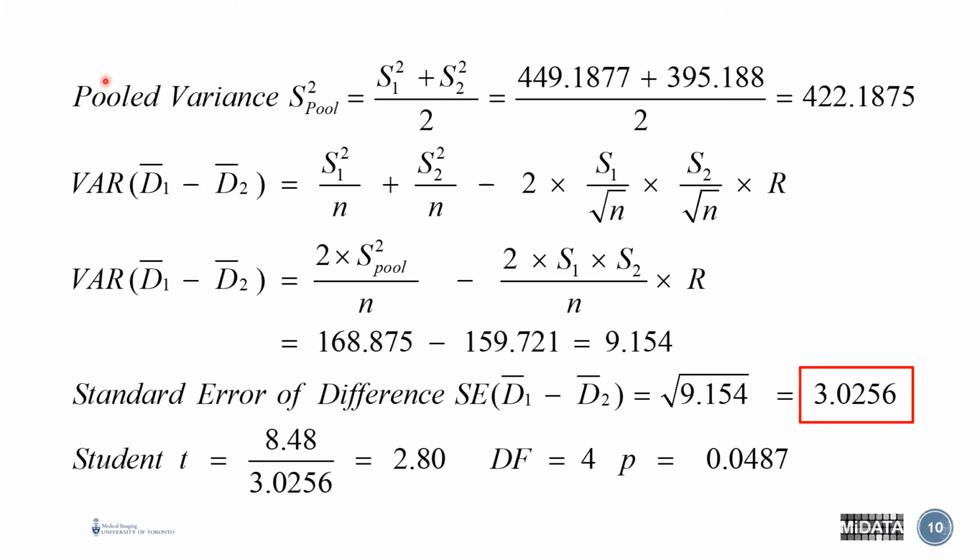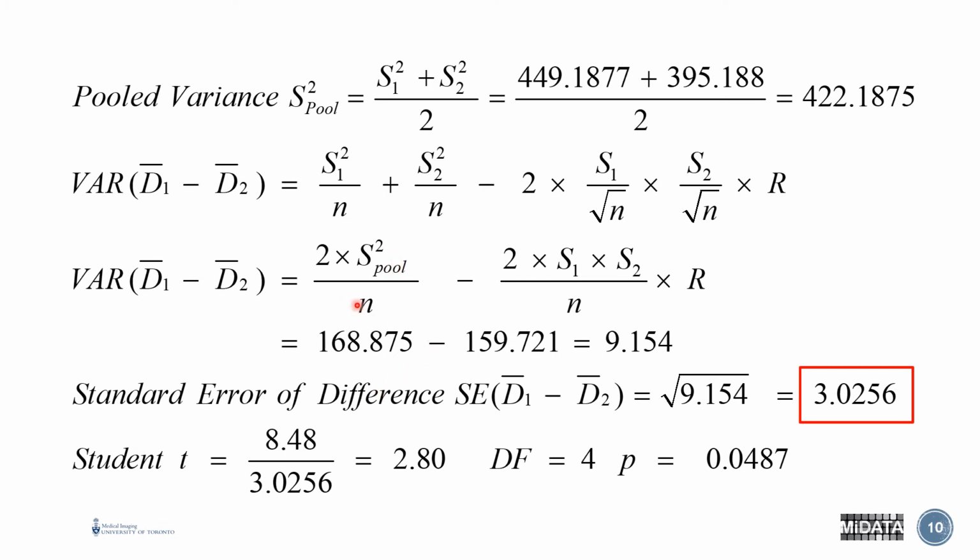Now, you'll remember that this is the equation for the pooled variance here. And if we calculate it, it's 422, fine. And if we were to then incorporate this pooled variance into our equation for the variance of the difference, which is what we're interested in, which is what we've given in your previous slides, it's going to be 422 over n plus 422 over n, or 2 times 422 over n, which is 5.